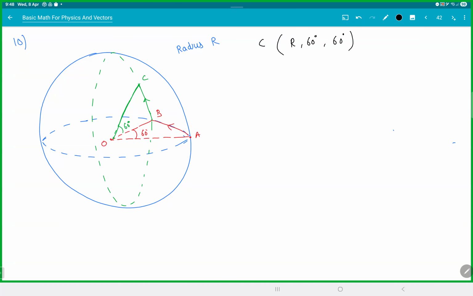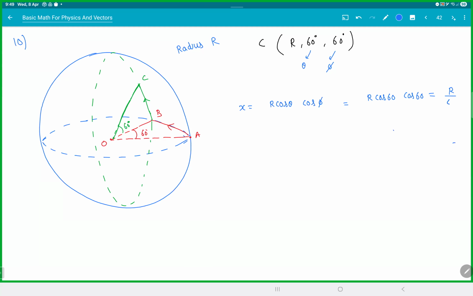Do you guys agree with this? Because you're rotating theta in the horizontal and theta in the vertical. And from there, we can find out the x coordinate. So basically this was your theta and this was your phi. So the x coordinate was r cos theta cos phi, right? So that would be r cos 60 cos 60. Cos 60 is half, so that's r by 4.